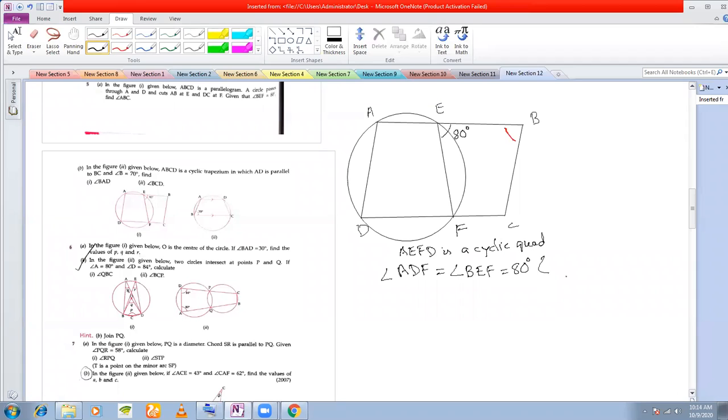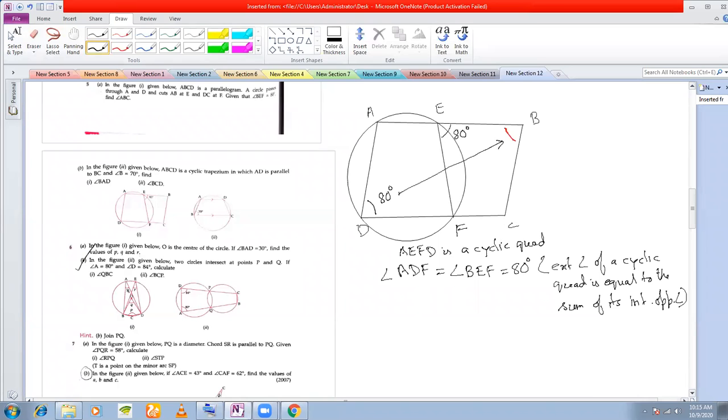And I will say these two angles are equal because the exterior angle of a cyclic quadrilateral is equal to its interior opposite angle. So this angle we managed to find 80 degree because these two angles are equal. Now these two angles will be equal because they are opposite angles of a parallelogram. So that is done.